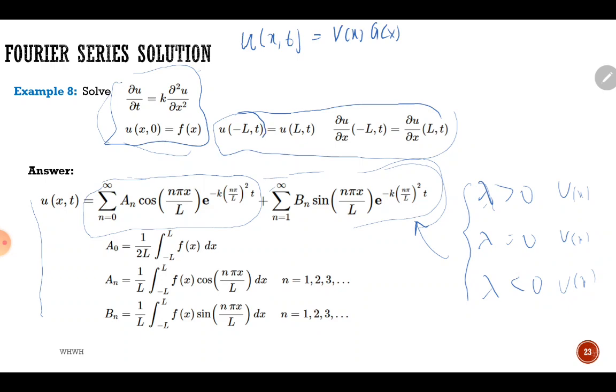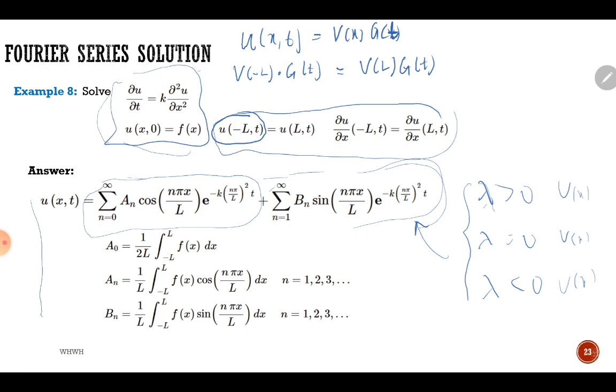So this u negative L t here means that this is equal to V negative L times GT, sorry, GT. V negative L times GT equals to VL GT.